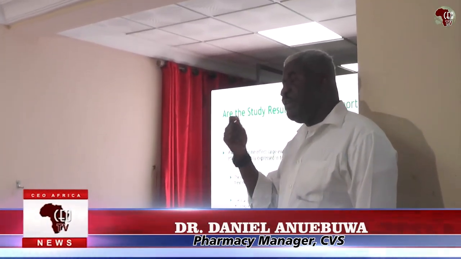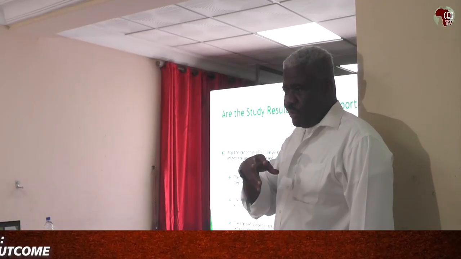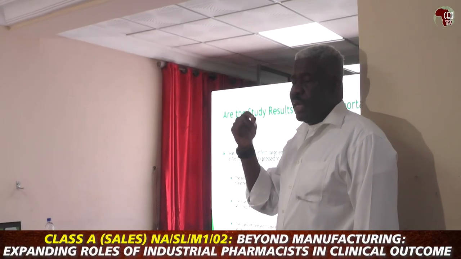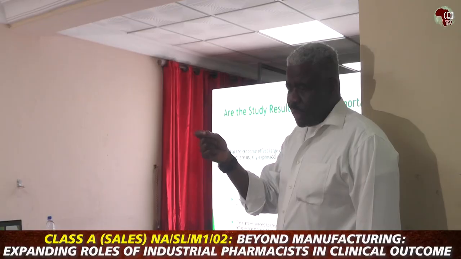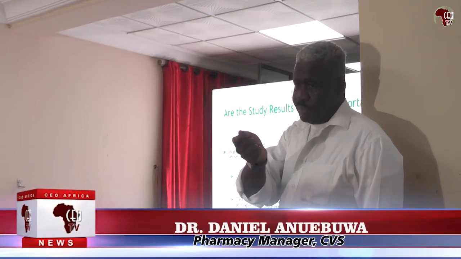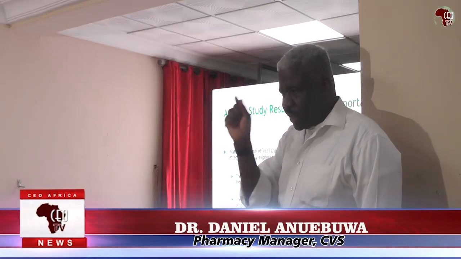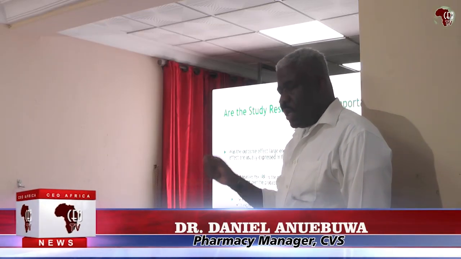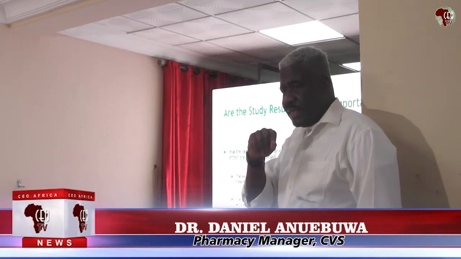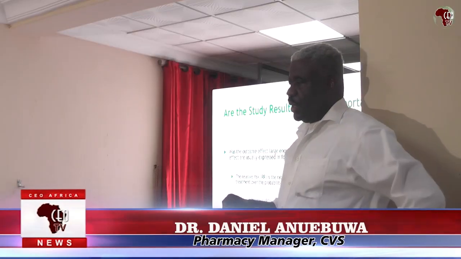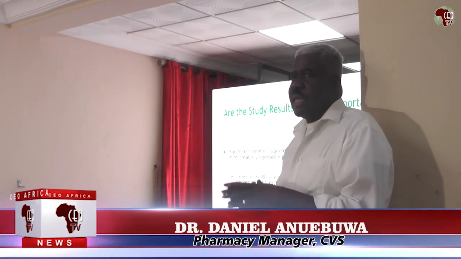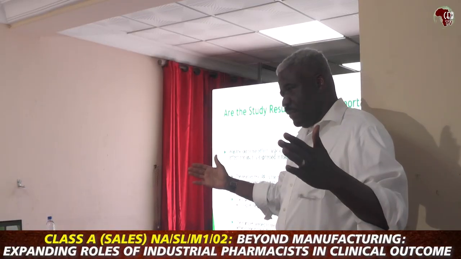There's something called the p-value. I don't want to dig into all of that, but think about the p-value as the level of error that you are willing to permit for this trial. There's another one called confidence interval. Most of the time you see it at 95% confidence interval.